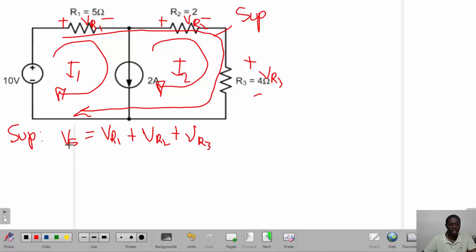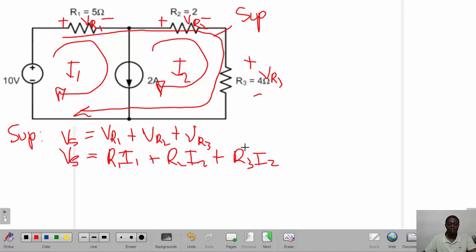And we know that the value of the voltage source is 10. If we rewrite it properly, Vs equals R1 multiplied by the current I1 plus R2 multiplied by the current I2 plus R3 multiplied by I2.